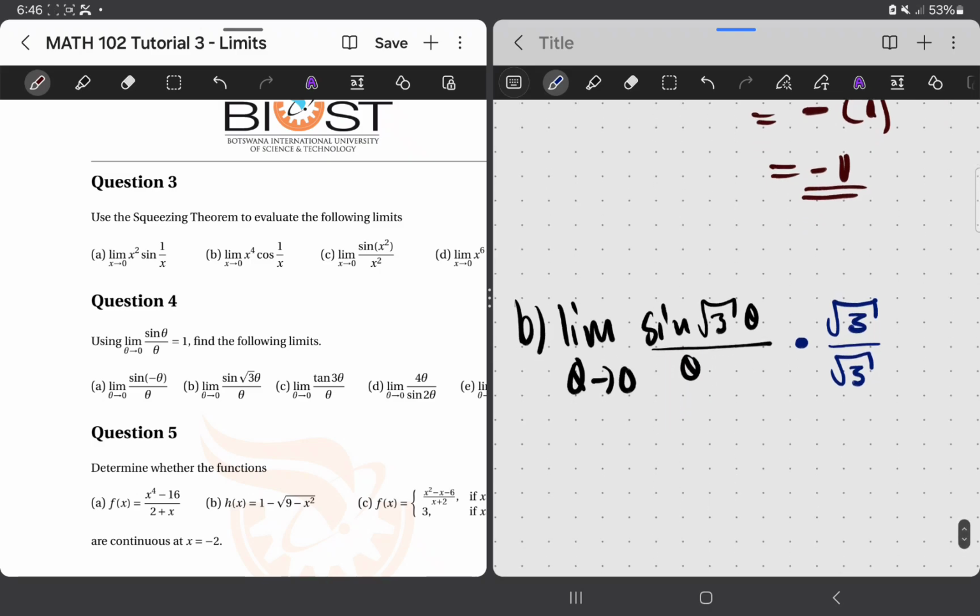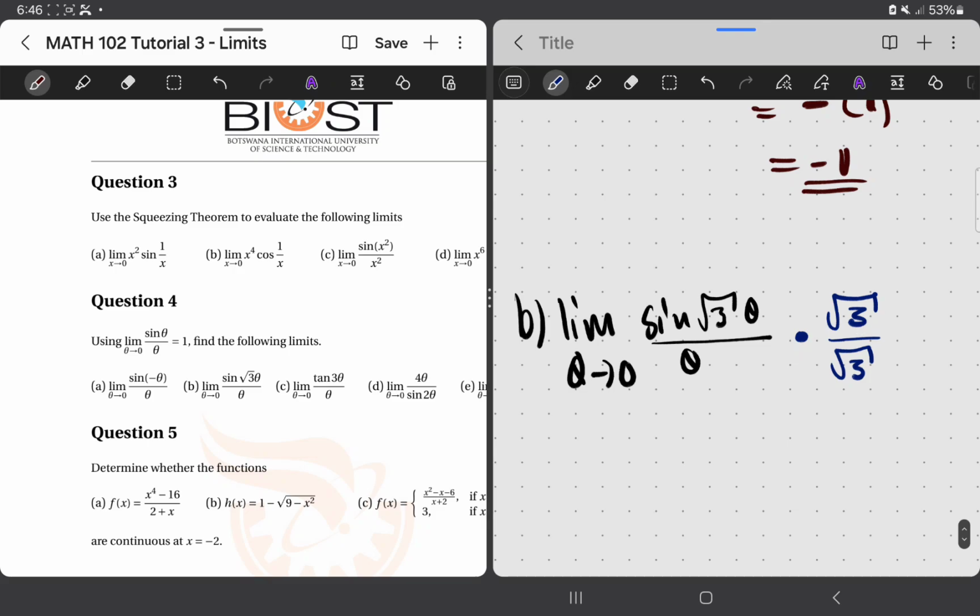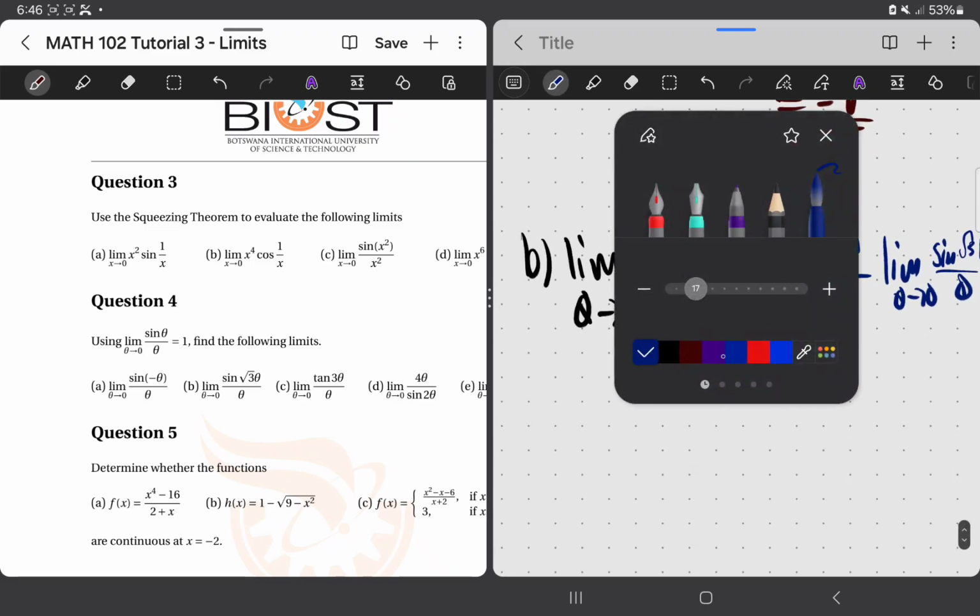So we can say it is equal to the limit as theta goes to 0 of sine root 3 theta over theta, multiplied by root 3 over root 3.